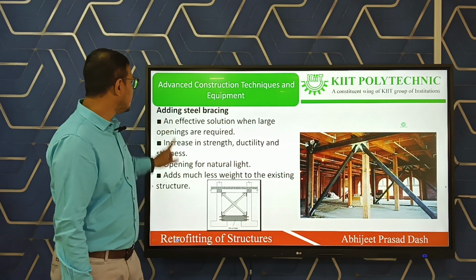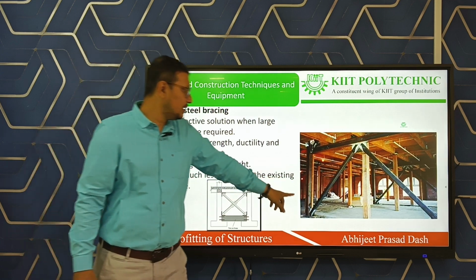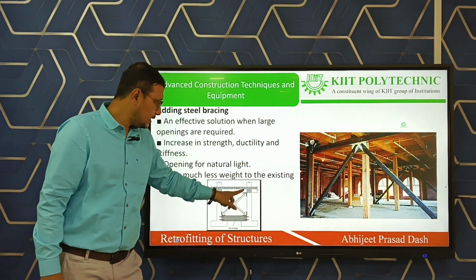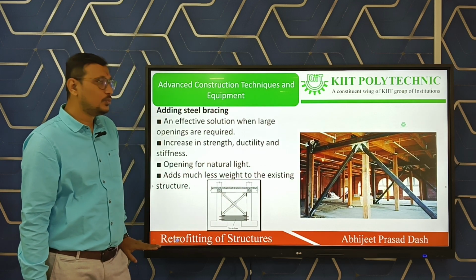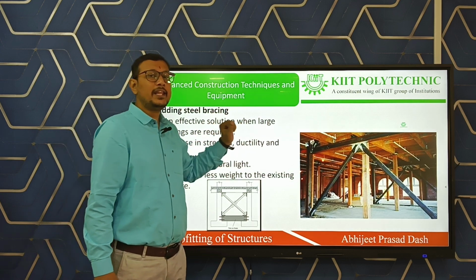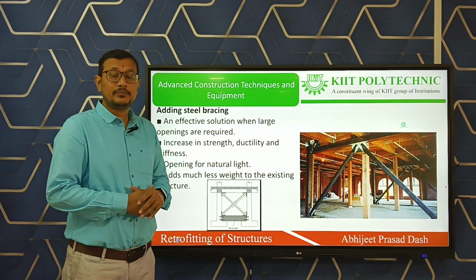The next technique is adding steel bracings. As you are seeing here, we are providing steel bracings to give extra support. It is an effective solution when large openings are required.